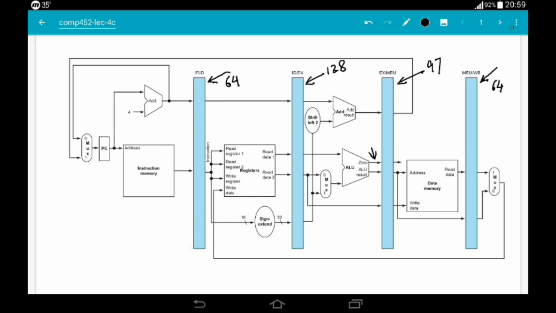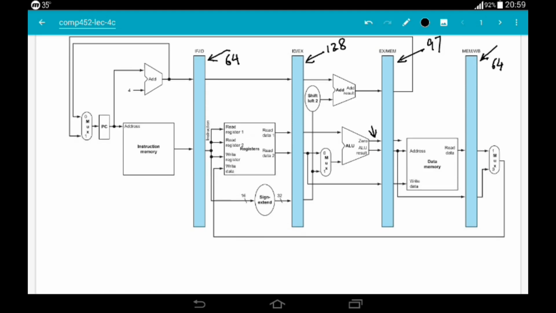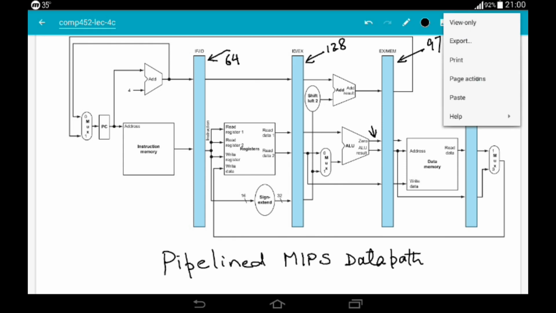So let us start running this load word instruction through this pipelined MIPS data path.